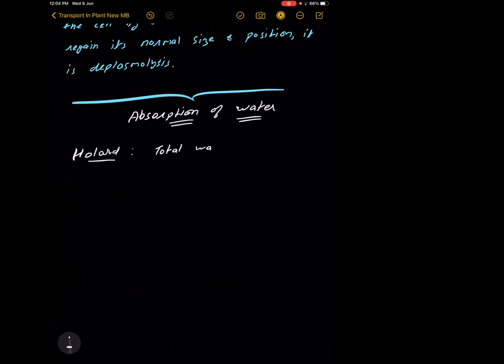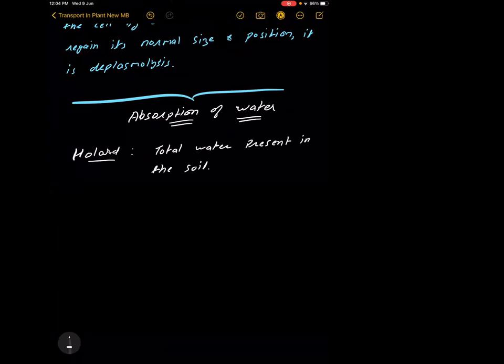Total water present in the soil. That is called Hollard. Another term is Cressard.